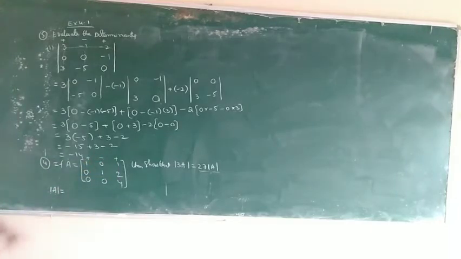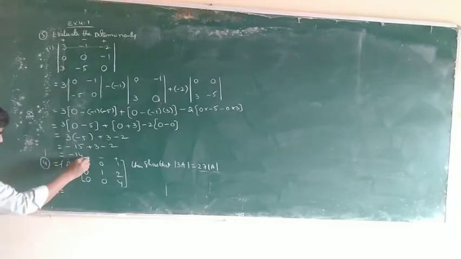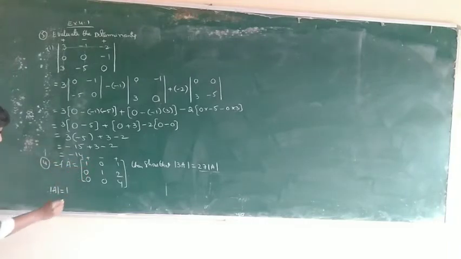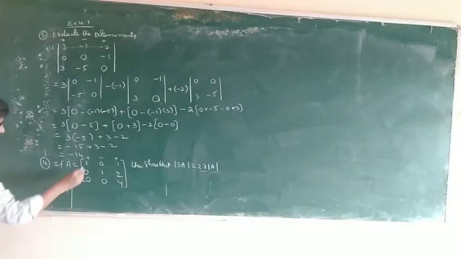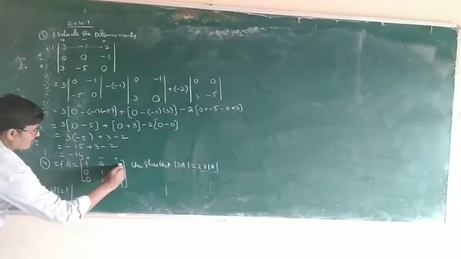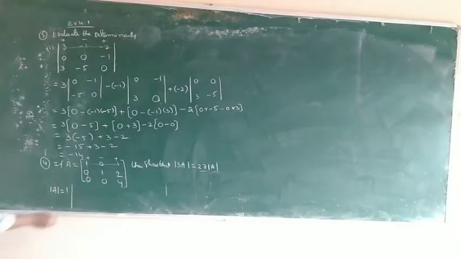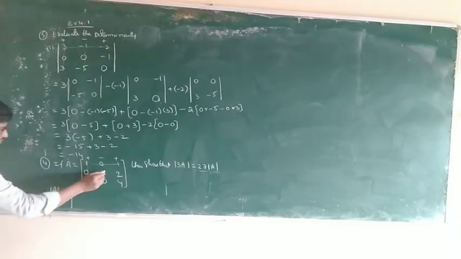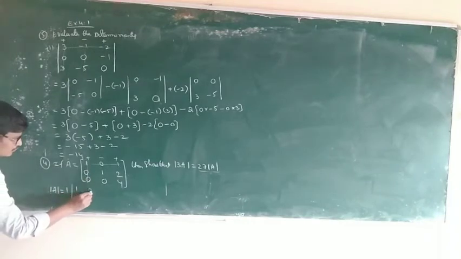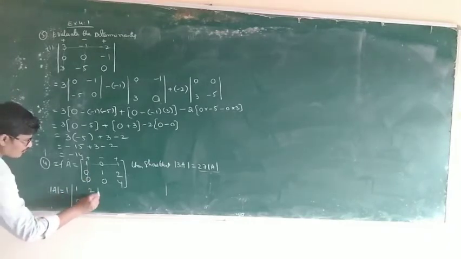First plus 1 into the determinant after removing the corresponding row and column. So remaining is 1 2, 0 4.